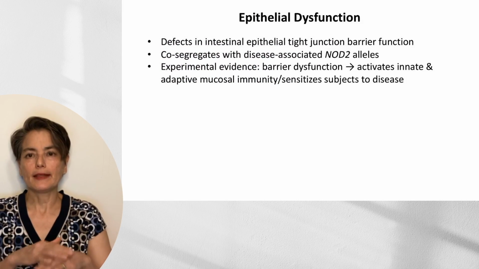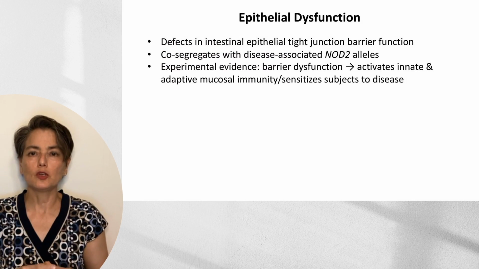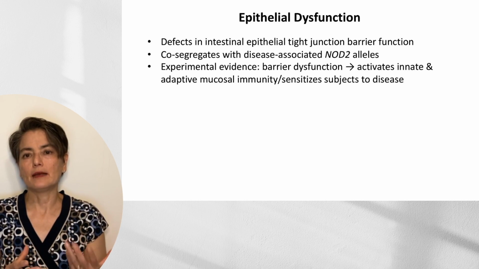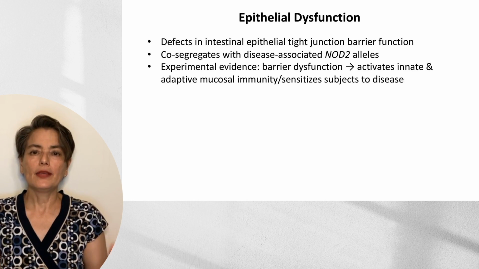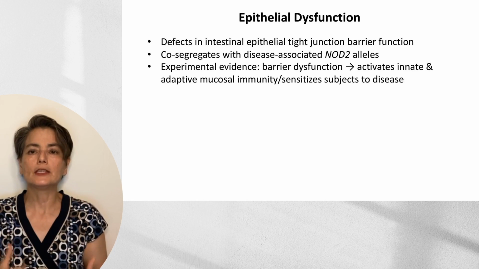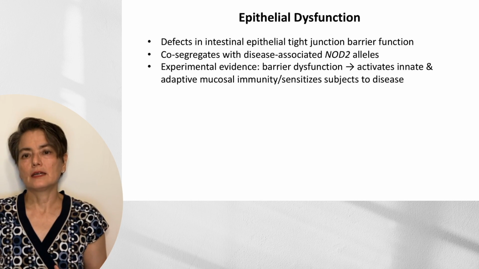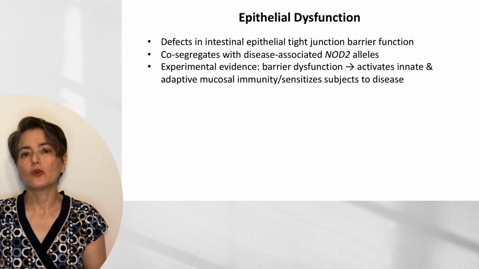Okay, now let's talk about epithelial dysfunction. So if you think about it, epithelium is this layer between the microbiome in the intestinal lumen and the lamina propria below. And if you have defects in the intestinal epithelial tight junction, then it's easier for those bacteria to enter into the lamina propria. Now, defects in these tight junction barrier functions co-segregate with disease-associated NOD2 alleles.